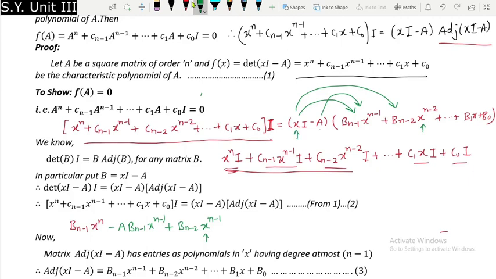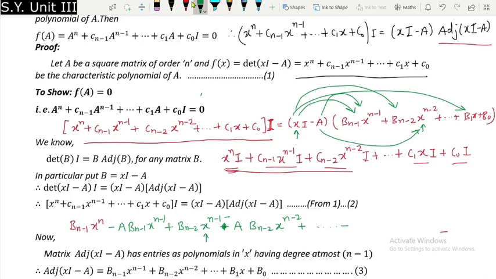Now next, I will multiply a with bn minus 2 x raised to n minus 2, so it will be minus a bn minus 2 x raised to n minus 2, and this will be continued. So next term will be plus and so on. And now I will multiply this xi with this b1x, so what you will get?